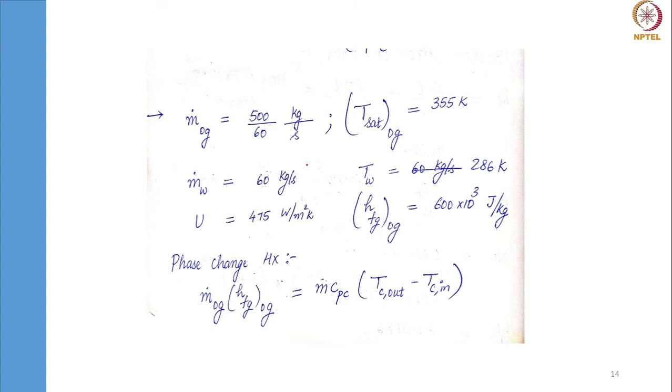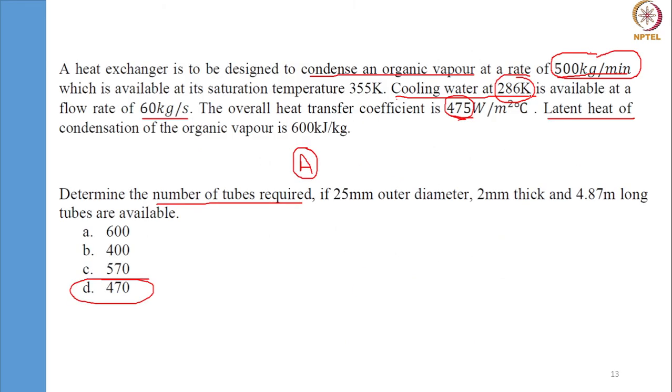So, as I've told you, we are interested in finding the exit temperature of the cooling water, which was entering at 286 Kelvin, because I'm interested in finding LMTD, the sole purpose of finding the temperature.